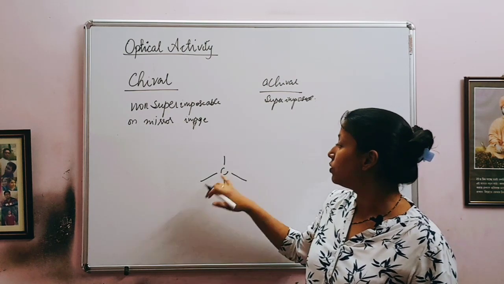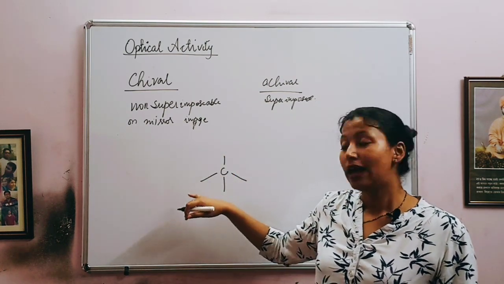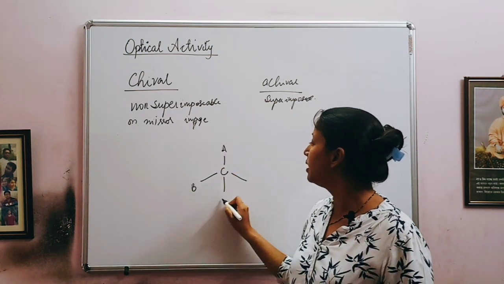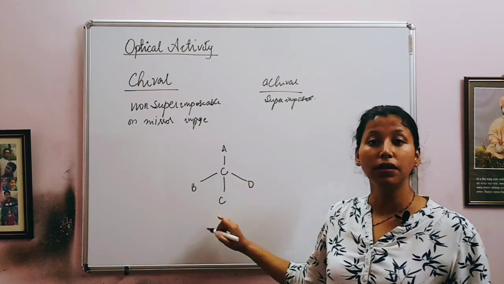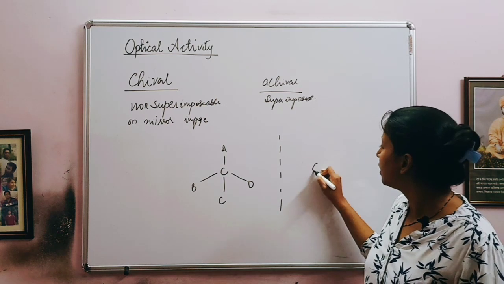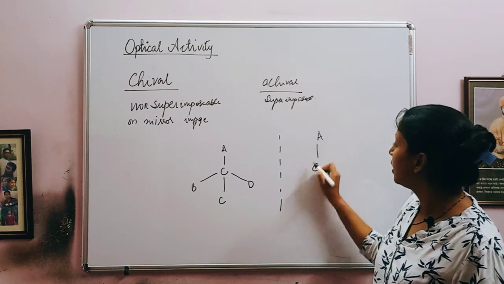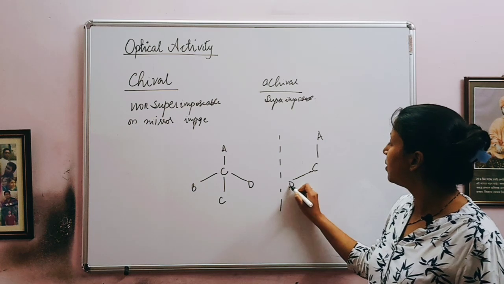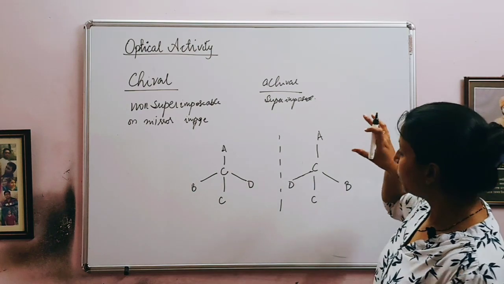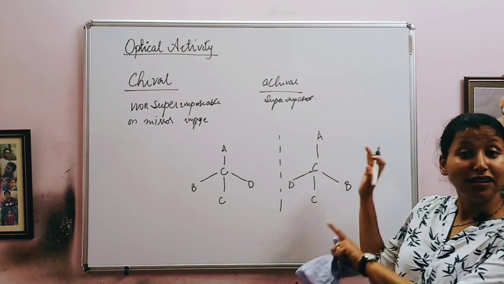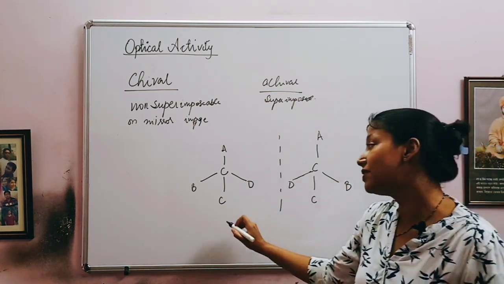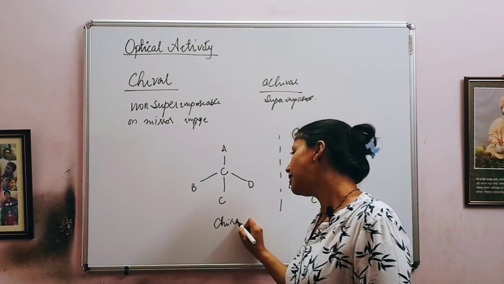If the 4 groups attached to these 4 bonds are different, that means if I write here A, B, C and D, remember this is carbon but these are any other groups, then what will be its mirror image? D will come here, C will be here and B will be here. If I bring this molecule and try to superimpose it on this, it is clearly understood that this is not superimposable. That means this molecule becomes chiral.